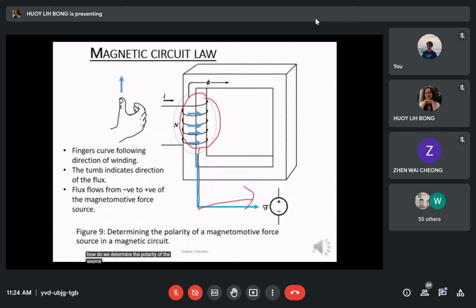We can use our magnetic field right-hand rule, in which our fingers will coil according to the direction of the current flow inside the winding, and our thumb indicates the flux direction, in which it flows from negative to positive, following the direction of our thumb. Hence, we can represent the winding using the source.